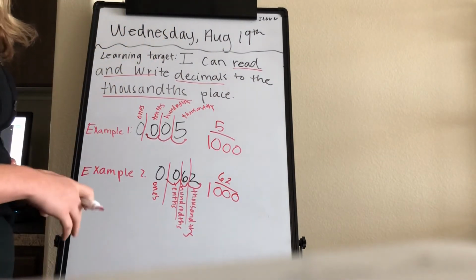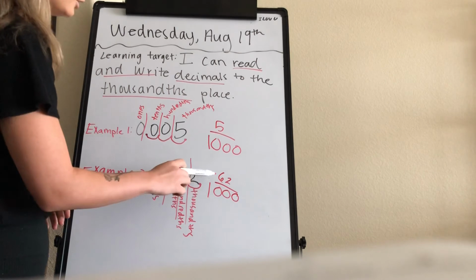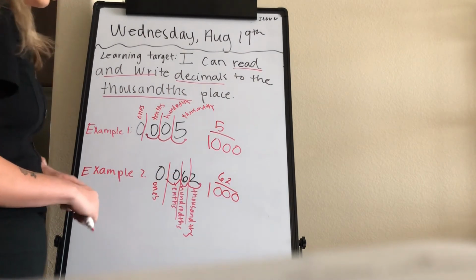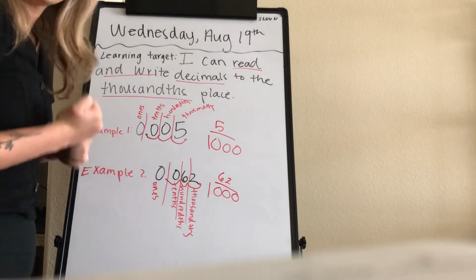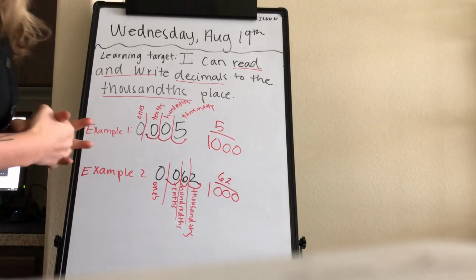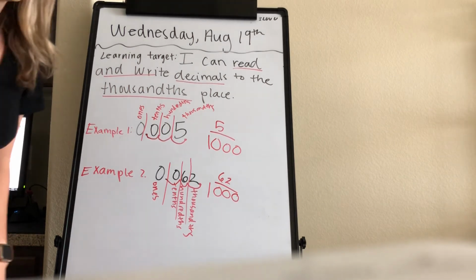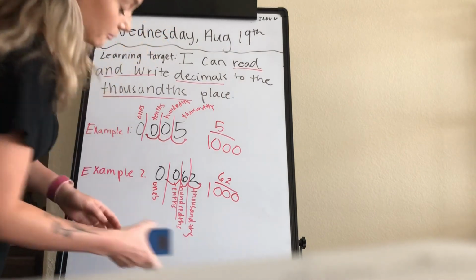So our new fraction would be 62 over 1,000. All right, I will give you guys a few minutes to copy that down, and then we will do one more problem. If you need more time, just pause the video to copy it down because I'm moving on.